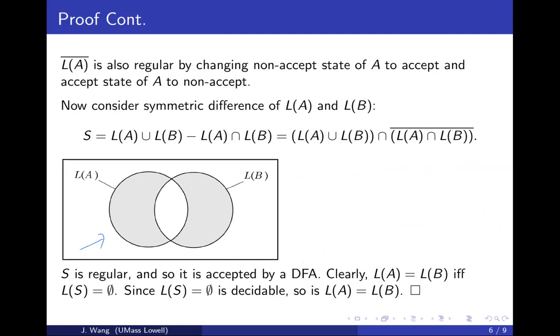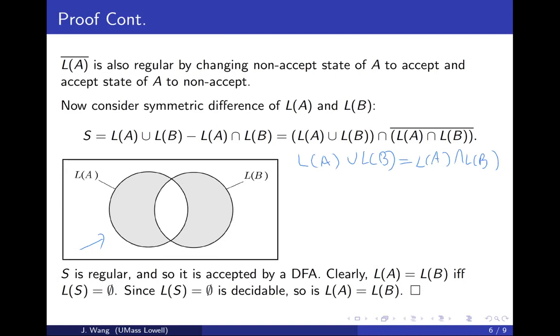For these two languages to be identical, it really means that the union is equal to its intersection. So it means that L of A union L of B equals L of A intersect L of B. If this is the case, then they are equal.